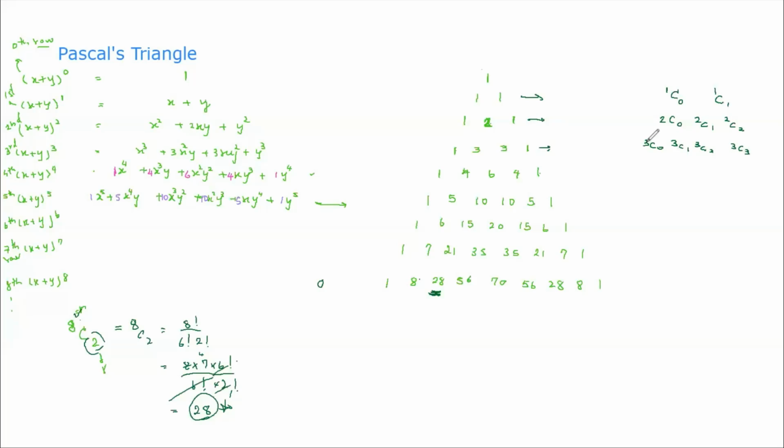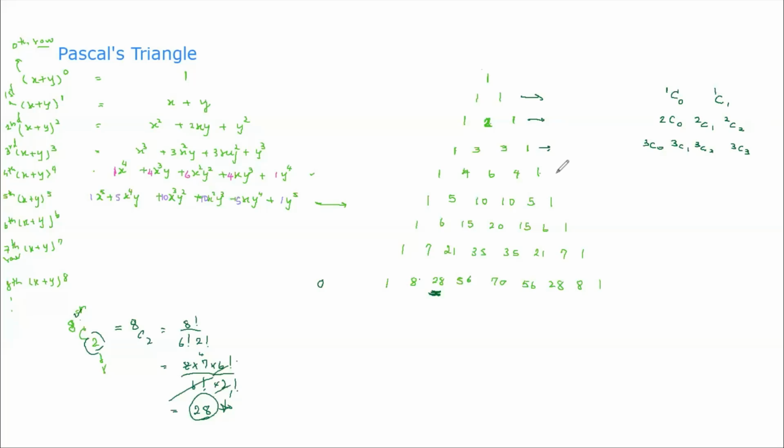So for the third row, n is 3, 3, 3, and the bottom r starts from 0, 1, 2, 3. See that? Second row, 2, 2, 2, and the bottom r is 0, 1, 2.